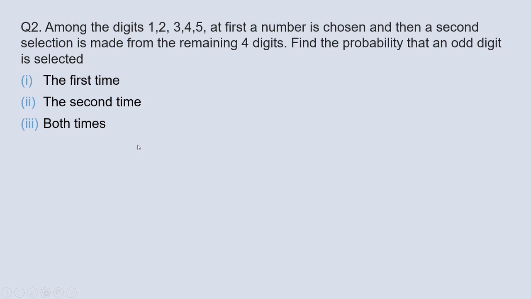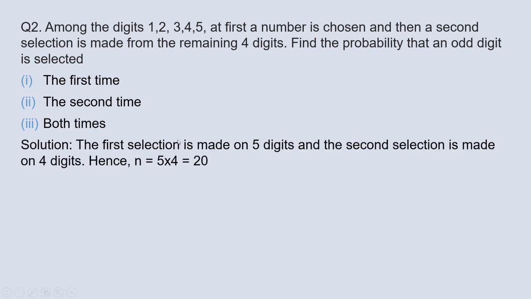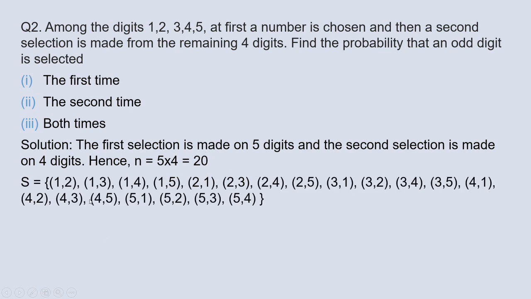So let us see the sample space first. Now the first selection is made from 5 digits and the second selection is made from 4 digits. So the total number of exhaustive cases will be n equal to 5 from the first into 4 from the second selection, that is total is 20. Let us see what are these numbers.